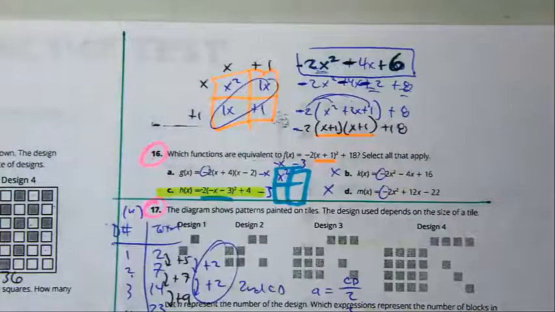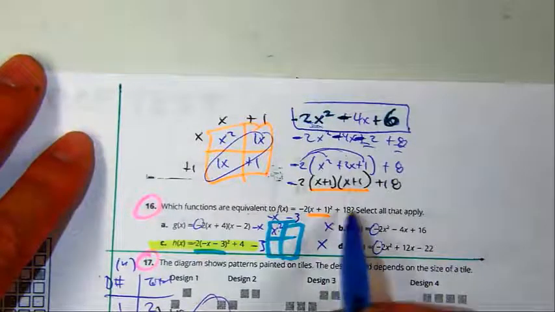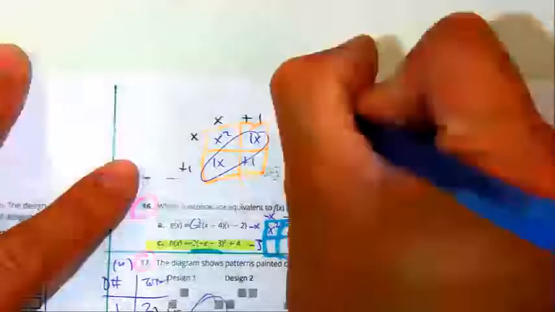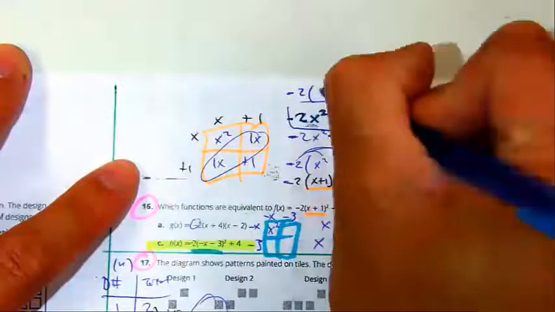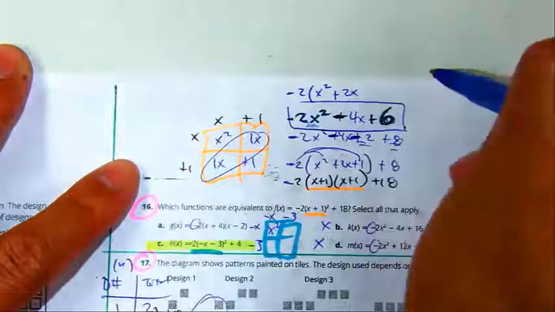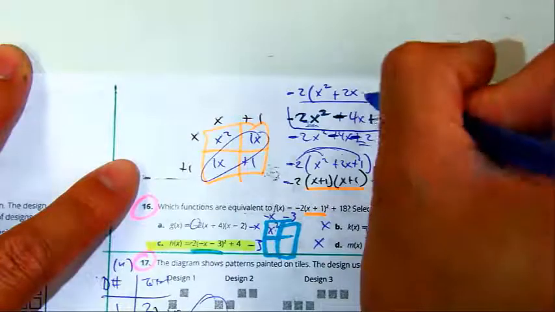Okay, you can do a couple of things here. You could factor out a negative 2. And then you would get x squared plus 2x minus 3.